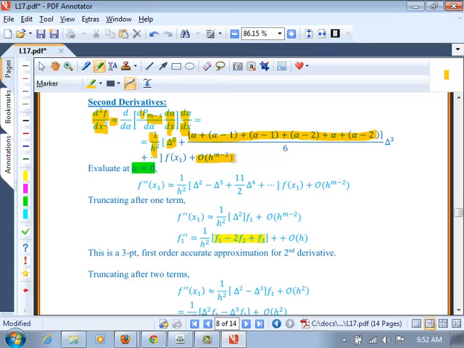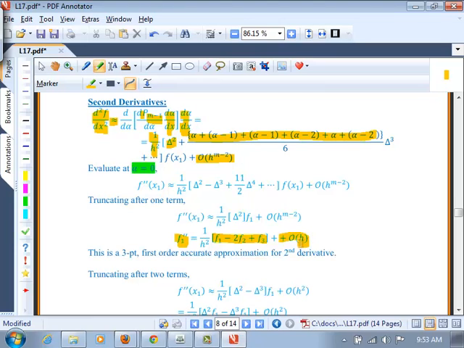This one is a second derivative approximation. It's a 3-point forward difference approximation, that's a terminology that people use, because it uses 3 points from the reference point, with a truncation error of order h. And if you do the 2-term expansion, you will get a 4-point forward difference formula at the same reference location at x1.